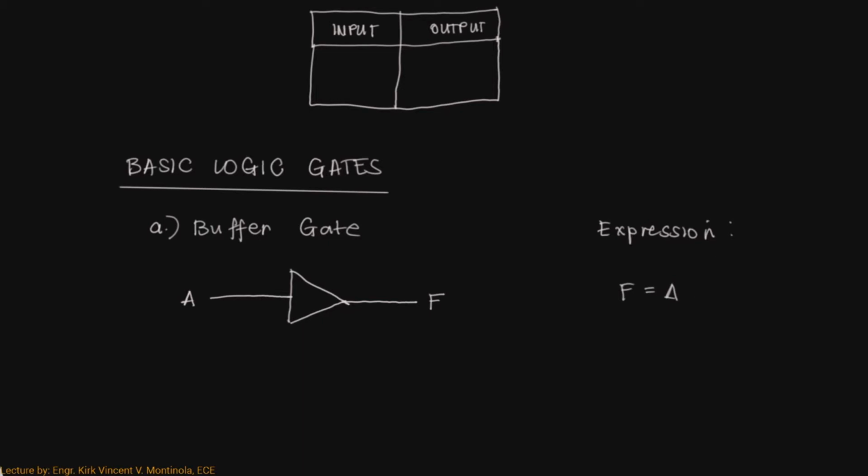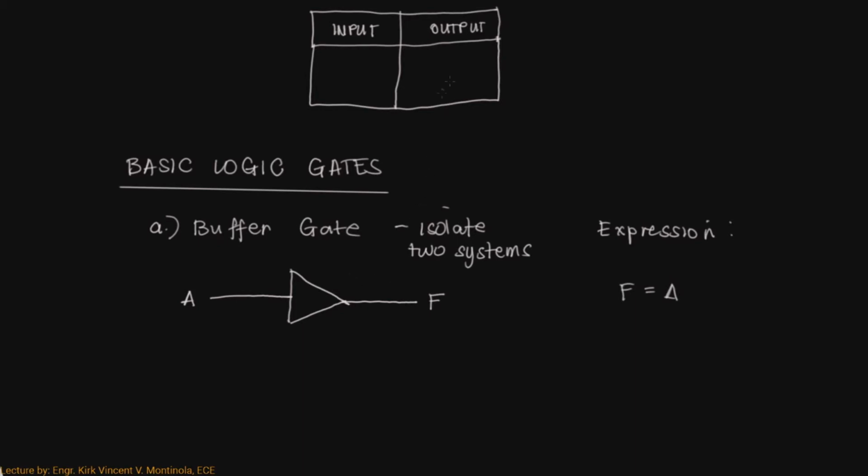So why we need a buffer, sir? Can't we just use a straight wire? Because we will be spending on a component. Okay. So your buffer is a component that is used to isolate two systems or two blocks in your electronic block diagram.